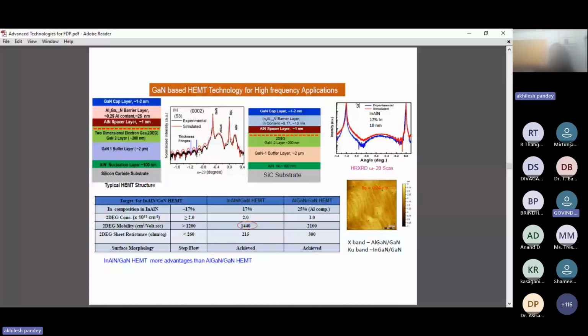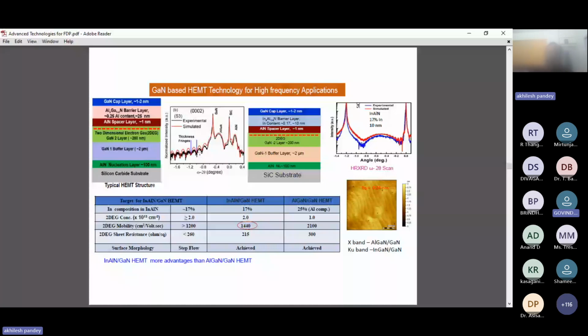Then, in another structure, an indium aluminum nitride based barrier layer has been used. Apart from aluminum gallium nitride, whose aluminum composition is around 25%, here an indium aluminum nitride based barrier has been used. Because indium aluminum nitride with around 17% indium is very well lattice matched with gallium nitride, there are several advantages of indium aluminum nitride/gallium nitride HEMT as compared to aluminum gallium nitride HEMT.